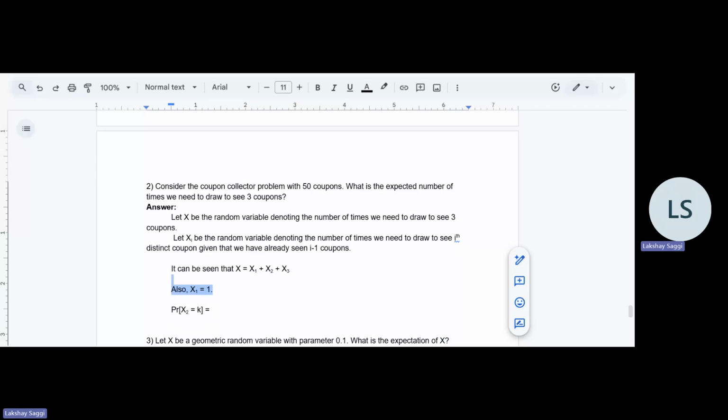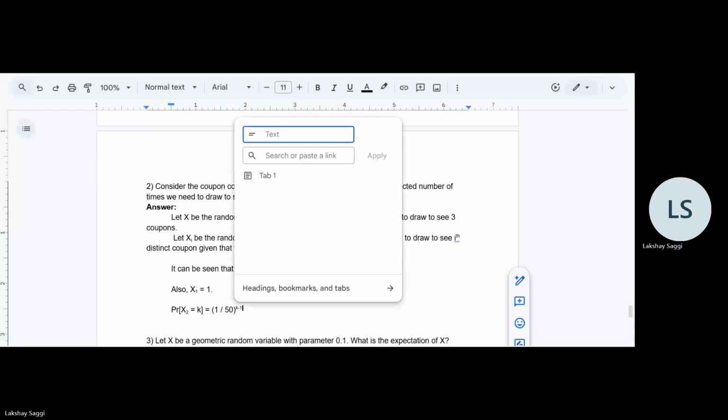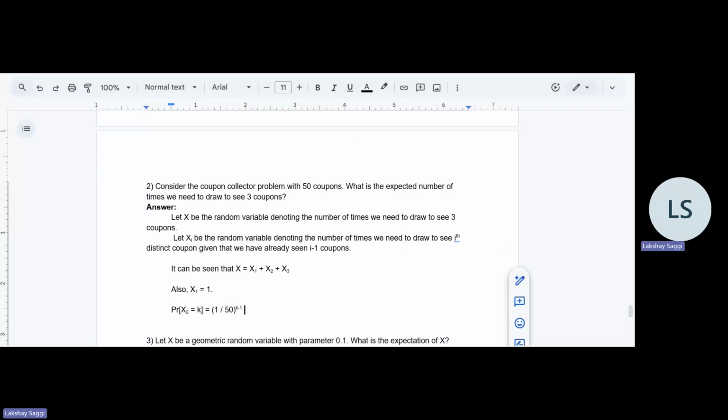If the kth draw is the first time we see a distinct coupon, then for the first k minus 1 draws we would have seen only the coupon chosen in the first try. Since coupons are formed randomly, this coupon is chosen with probability 1 over 50, for each of the k minus 1 draws. And then, with probability 49 by 50, we choose one of the other coupons.